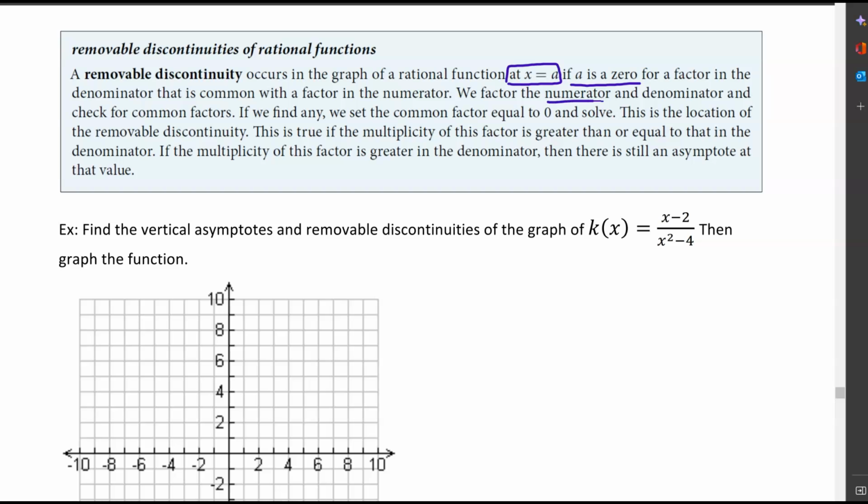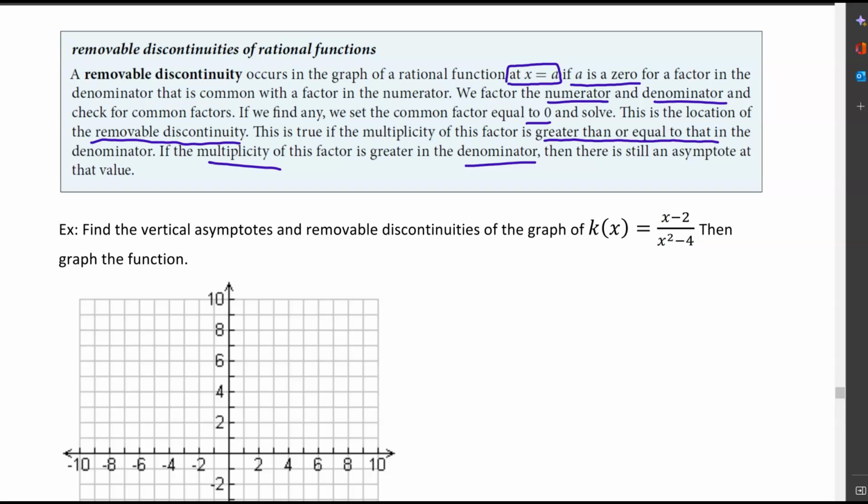We factor the numerator and denominator and check for common factors. If we find any, we set the common factors equal to 0 and solve. This is the location of a removable discontinuity. This is true if the multiplicity of the factor is greater than or equal to that in the denominator. If the multiplicity of the factor is greater in the denominator, then there is still an asymptote at that value.